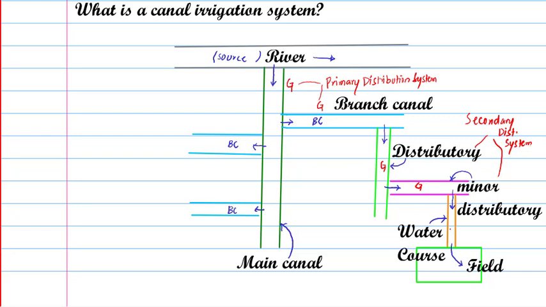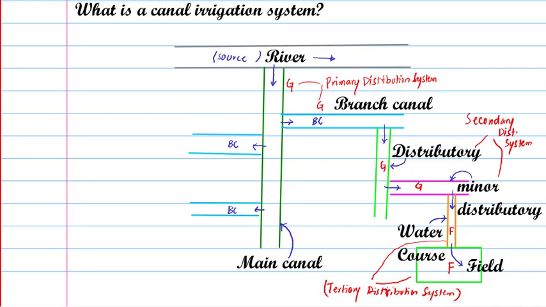And the third one, the water course and field, are looked after, maintained and managed by farmers, right? And these two fall in the category of your tertiary distribution system.